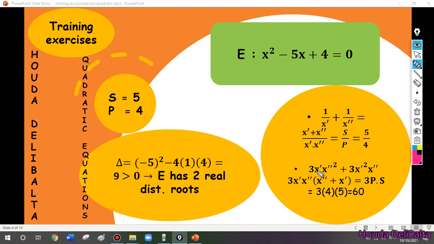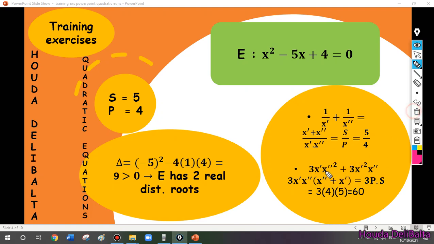Let's move to the second one. 3x prime x double prime squared plus 3x prime squared into x double prime. As you noticed, there is a common factor here, here, and here. So I can take 3 as a common factor, I can take x prime and I can take x double prime. So we take common factors 3x prime x double prime, and what remains inside is just 1x double prime and 1x prime.